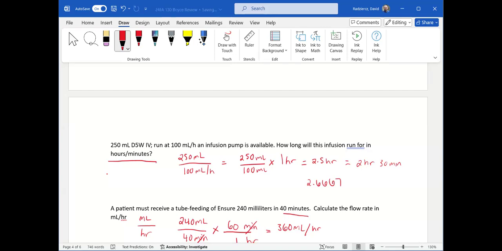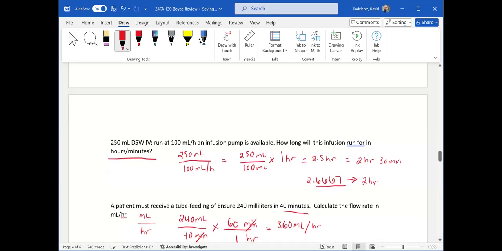So if I take that 2.6667 and translate that, all I multiplied by was this, 60 minutes, because right now it's in hours. This would be 2 hours, 40 minutes. You actually get 40.002.